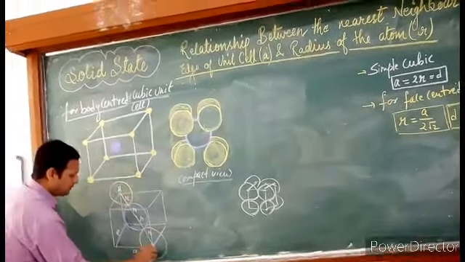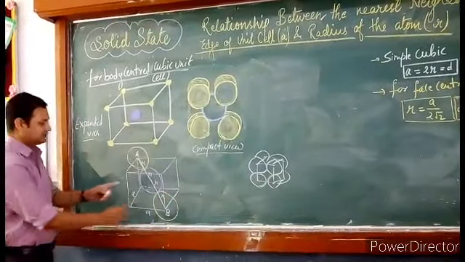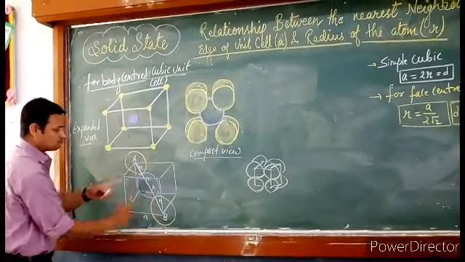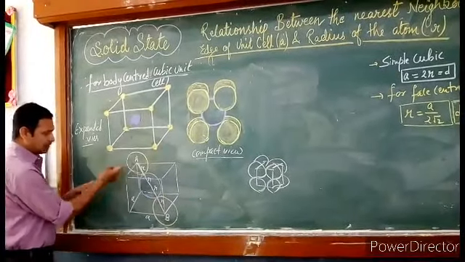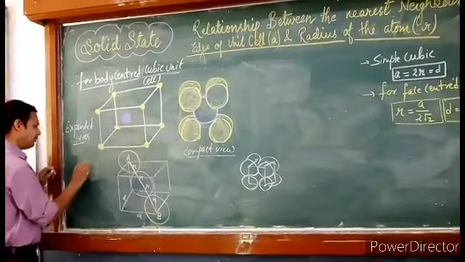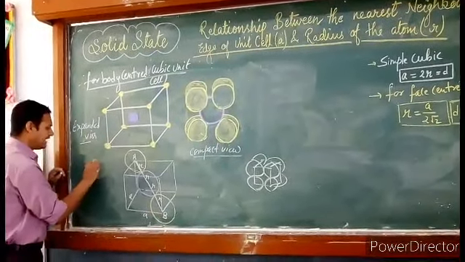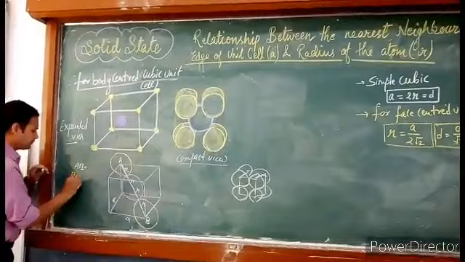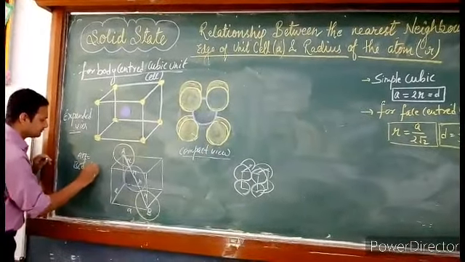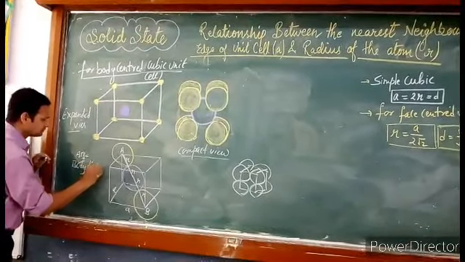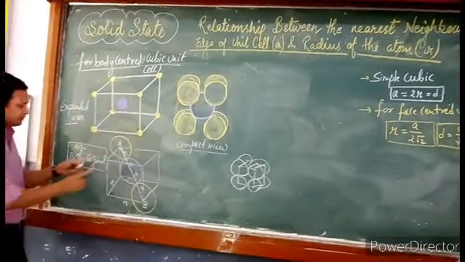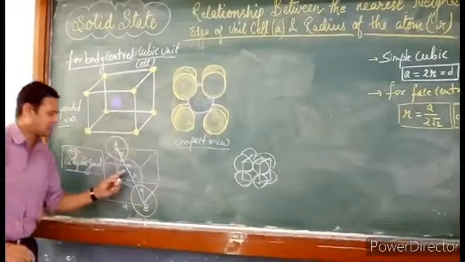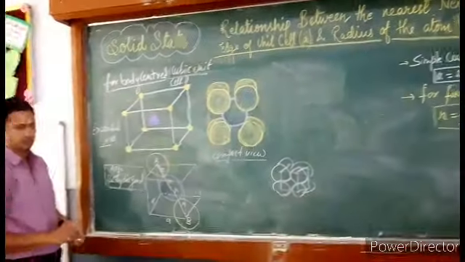R plus R plus R plus R. This is called the body diagonal, AB. So the distance along the body diagonal is R plus R plus R plus R, that is 4R.